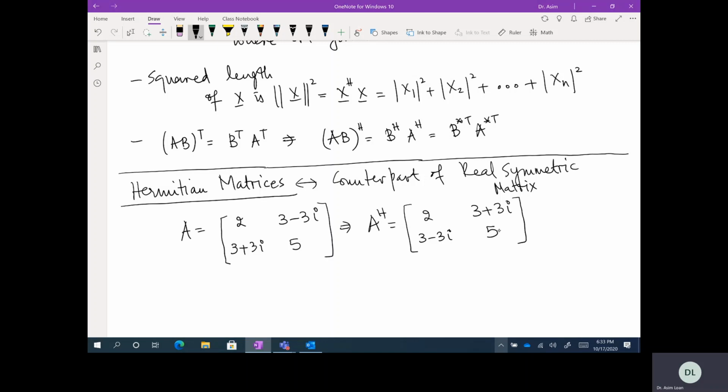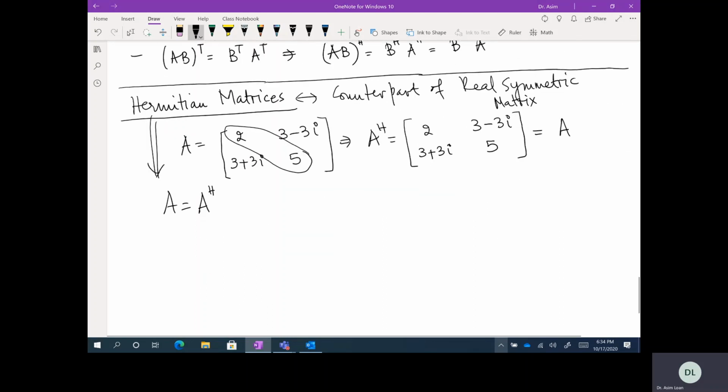Whenever you do transpose, the elements on the main diagonal are anchored there. When I do the conjugate, this becomes plus and this becomes minus, and this is exactly the same as A. So for a Hermitian symmetric matrix, A equals A Hermitian transpose.